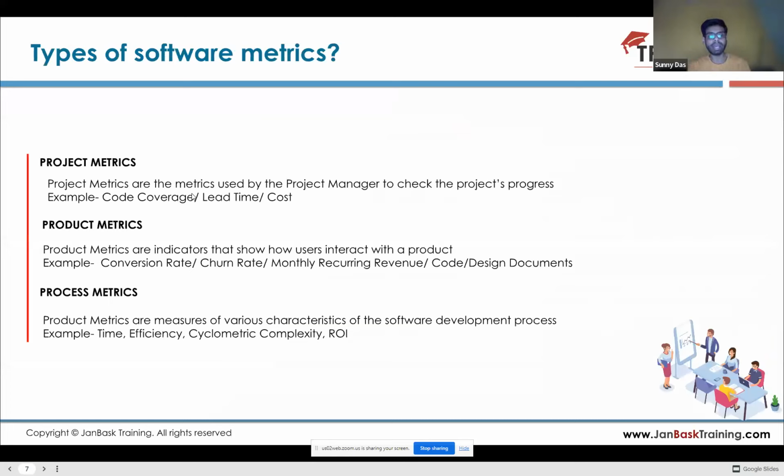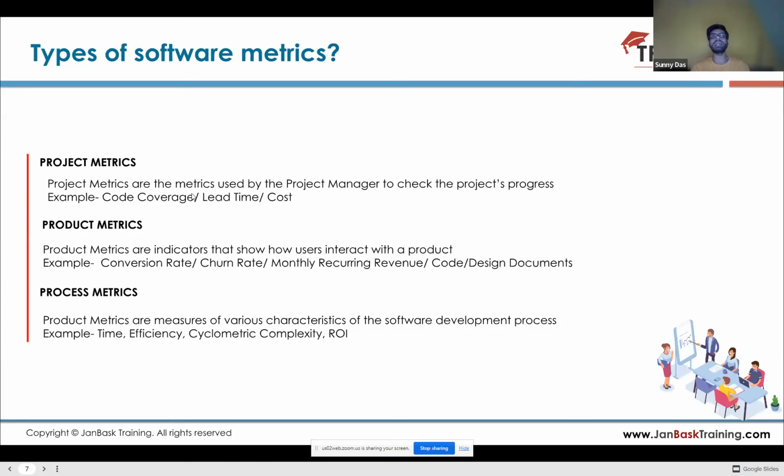So there are different types of software metrics. This varies from project to project or organization to organization. If you're working in a service based company, working for a particular client, you will have different software metrics, different test metrics.